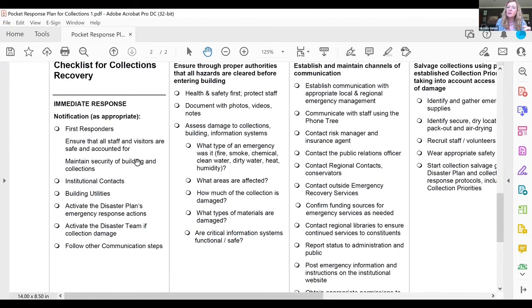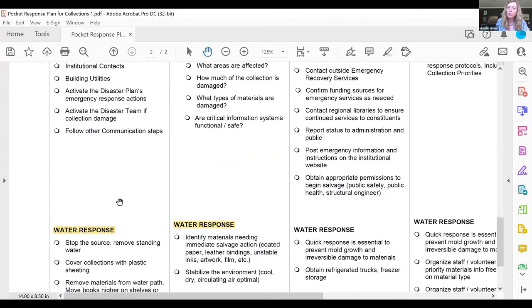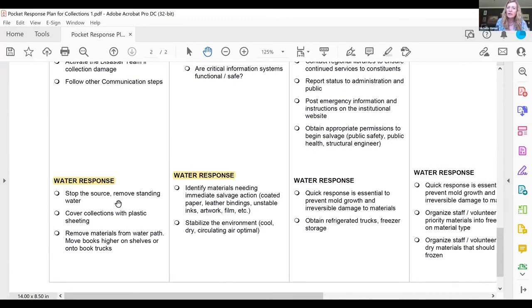So what do you do immediately? You stop the source, you remove standing water, you cover the collections with plastic sheeting, you remove materials from the water path, you move books, this is for a library, you move books higher on shelves or onto book trucks.